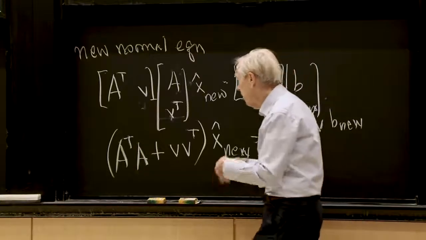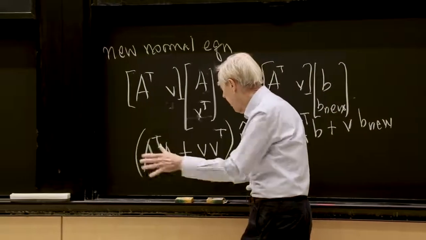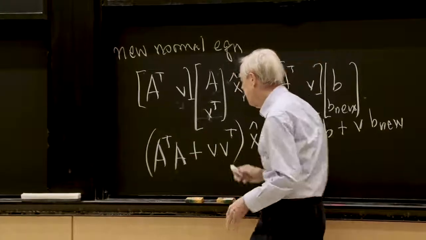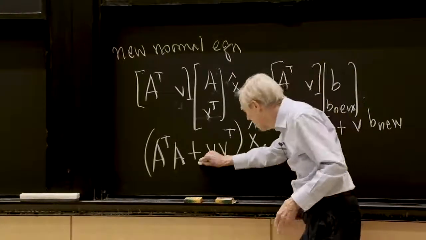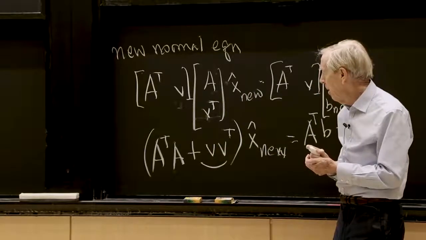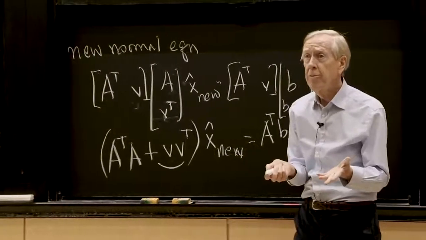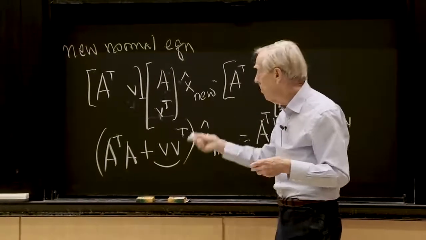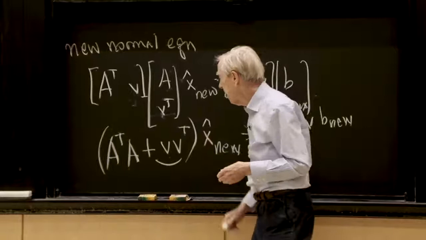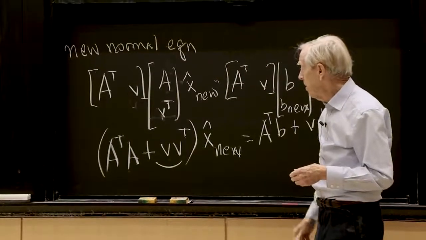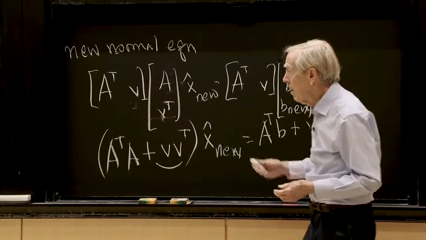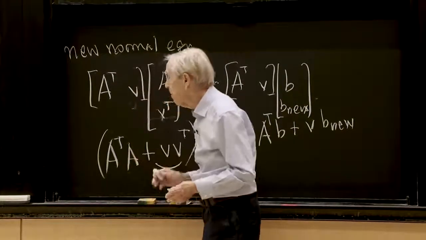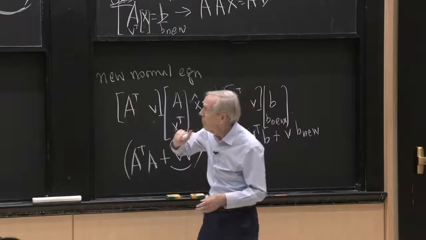And the only change in the left hand side, the big part of the computation, is the A transpose A part, and it's just changed by rank 1. Or by rank K if we had K new data points. If we had K new data points, then this would be a rank K matrix. So you see, then I go back here. Well, okay, now I'm perturbing A transpose A, and I haven't given a formula for that one yet.